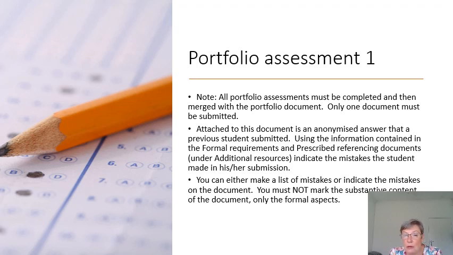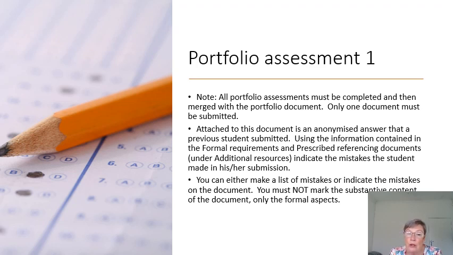And we do this exercise both to basically force you to go and look at the formal requirements and the prescribed referencing, but also so that you can see what it is that your lecturers see when they have to deal with your documents, and how easy it is to make mistakes, and how if you proofread your own stuff, you can catch these mistakes and get more marks.